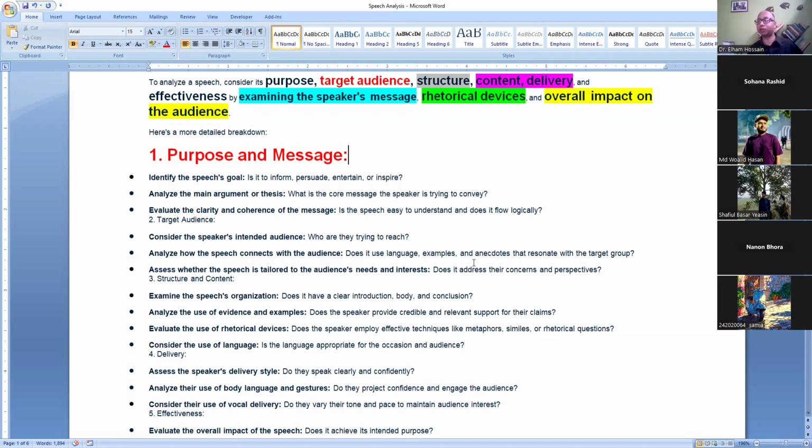You may deliver a speech to entertain your audience. Okay. So just think, these are the purposes. Purposes vary, so your ways of delivery should vary. If your purpose varies, your way of delivery must vary.